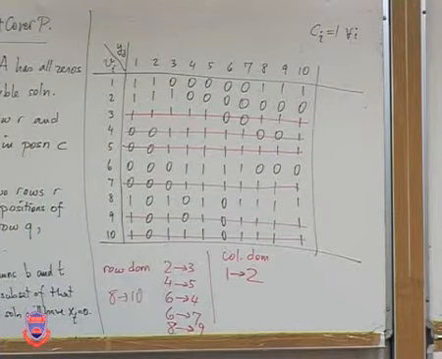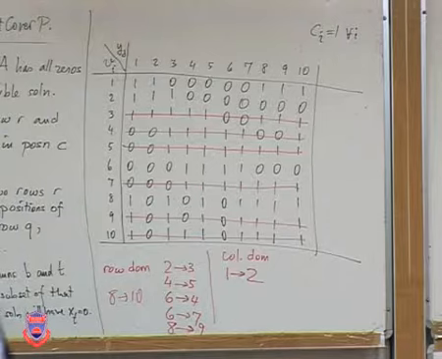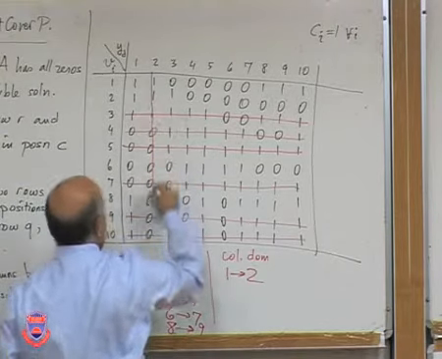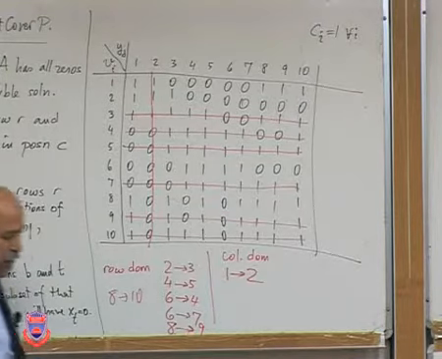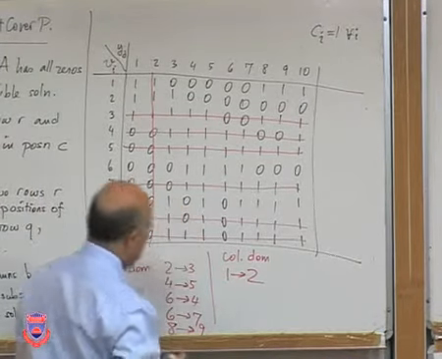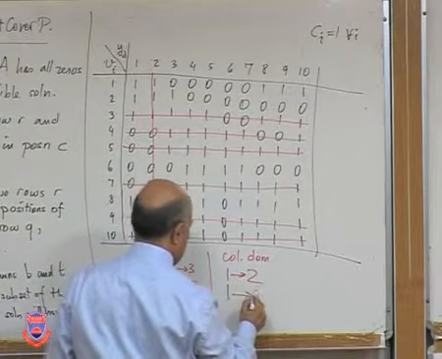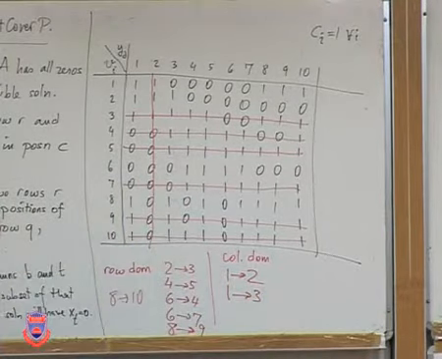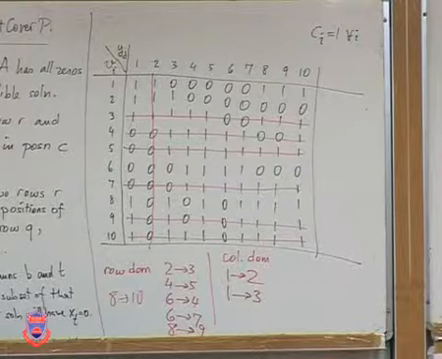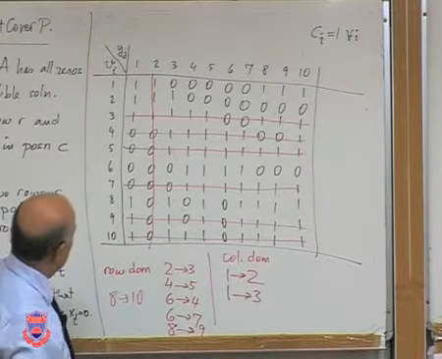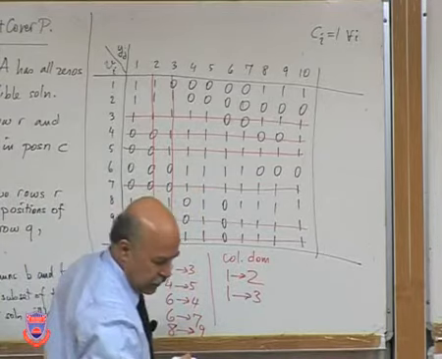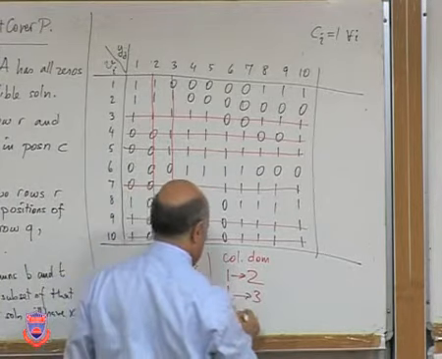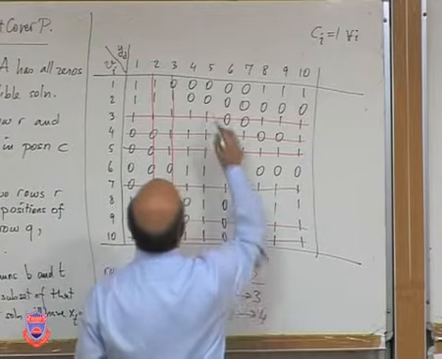So you can set x2 equal to 0, which means you just get rid of that. What else? 1 dominates 3 as well. 5 dominates 4, and also 6.